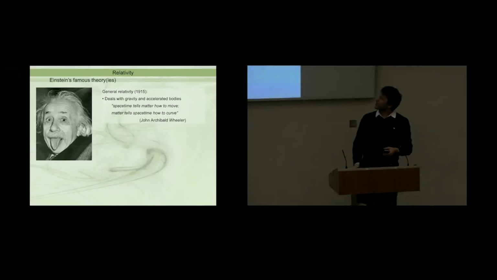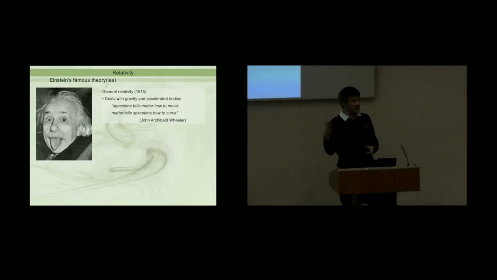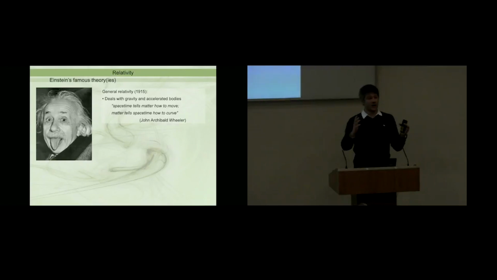Then it took another 10 years of hard work for Einstein to come up with the second theory, the theory of general relativity. As the name hints, this one has a broader scope, and it actually includes describing how objects behave in the presence of a gravitational field, so how planets, for instance, orbit around the sun.